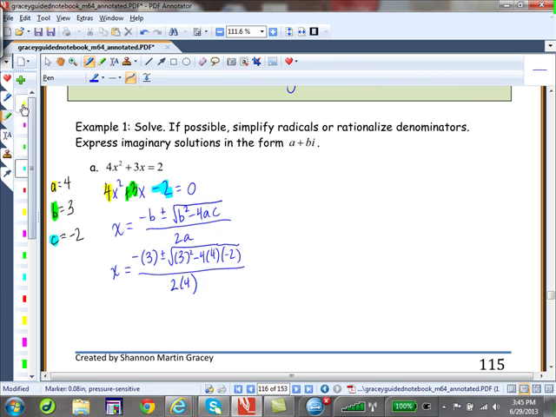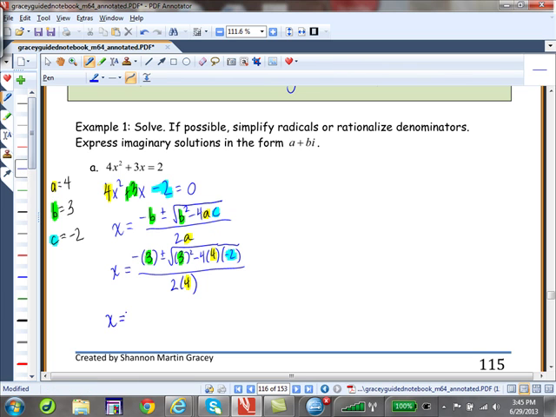So again, a showed up twice. So here was my a. B shows up twice. And here it is in all its glory. And C shows up once. And here's our C. Okay?